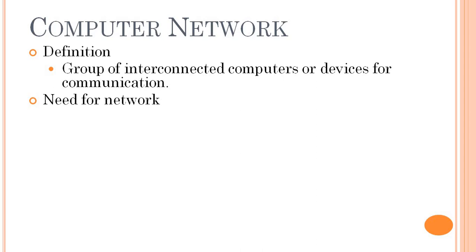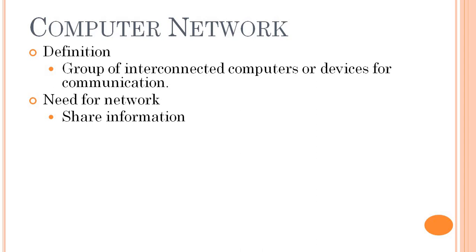The second most important reason is sharing of resources. Let us take an example of a school lab where there are 40 machines. These 40 machines are connected to a computer network. The user of the computer would like to print certain documents.